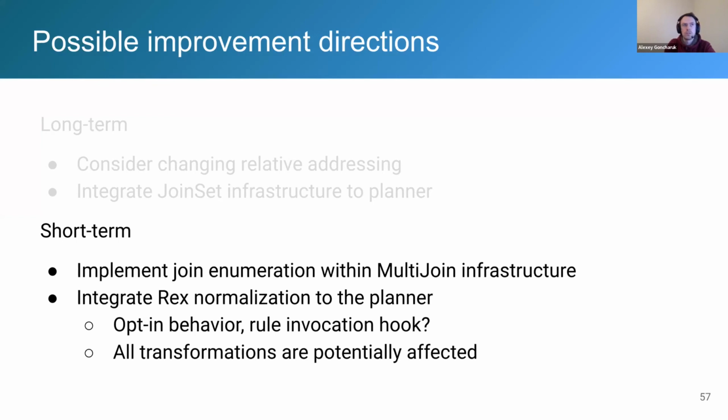And potentially not only joins and join reordering are affected, but probably many other transformations suffer from these reorderings.